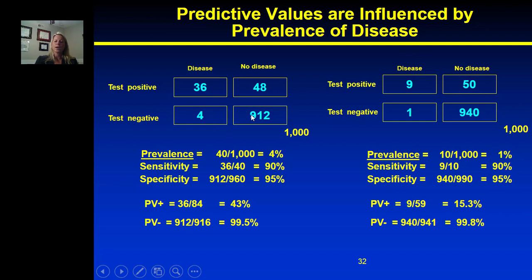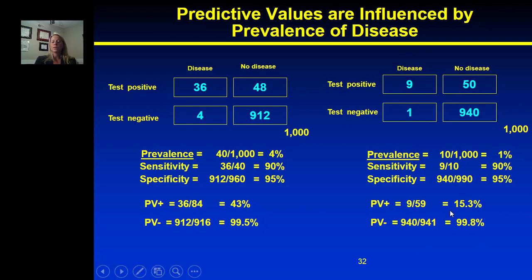And we can calculate our true negatives, which would be 912. And from there, we can calculate our positive and negative predictive values by filling in the other two cells. And in this case, we get a positive predictive value of 43% and a negative predictive value of 99.5%.